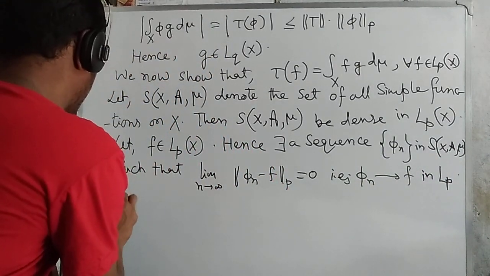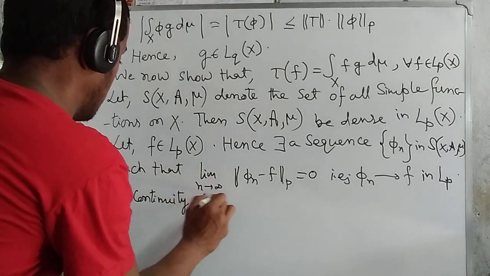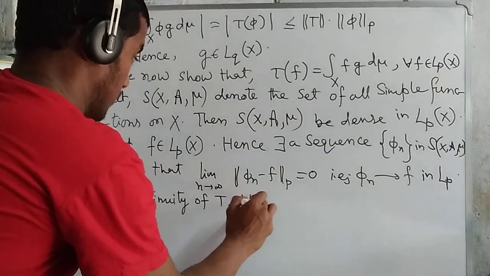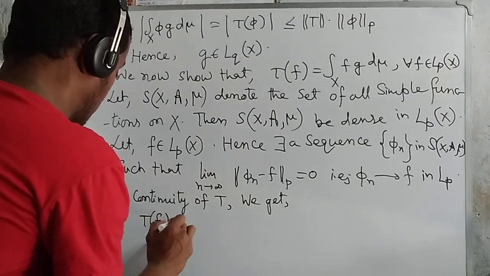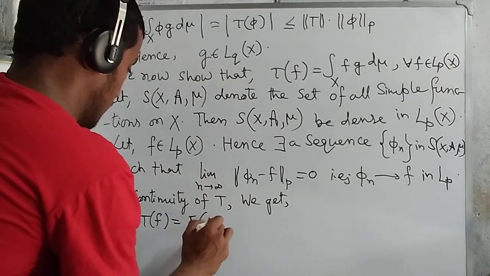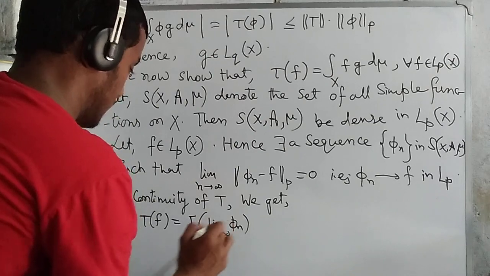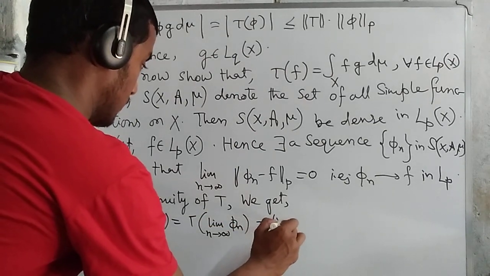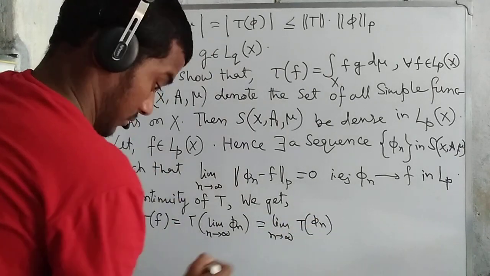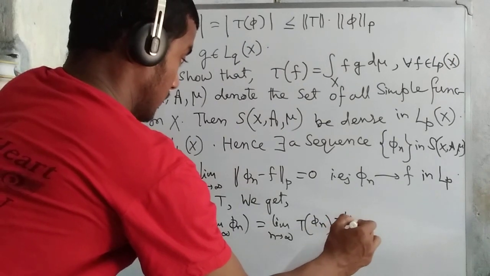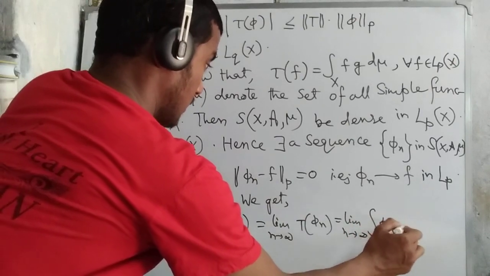By continuity of T, we get T(f) equal to T of the limit as n tends to infinity of phi_n, equal to the limit as n tends to infinity of T(phi_n), equal to the limit as n tends to infinity of the integration of phi_n g d mu.